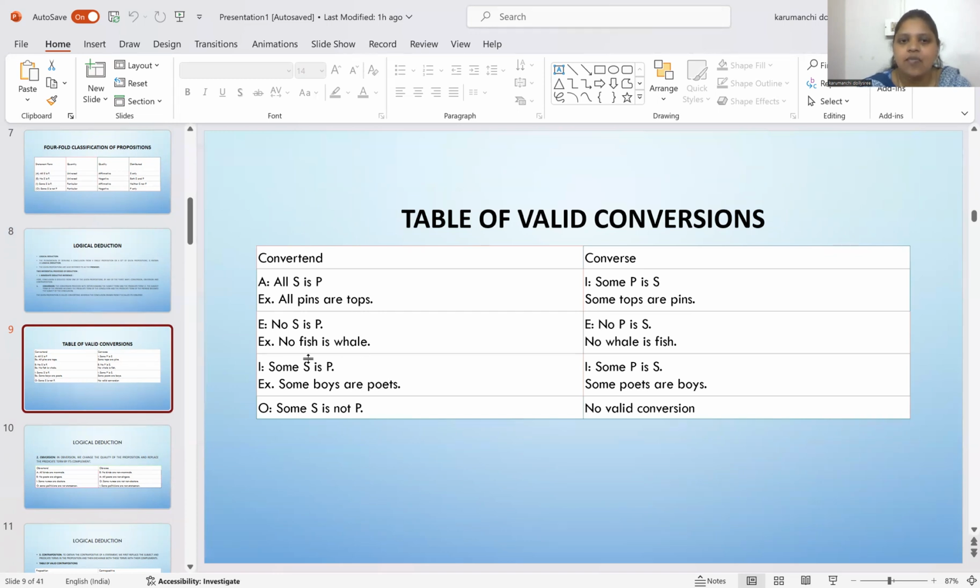The next example is no S is P, no P is S: no fish is whale, no whale is fish. The next example is some S is P, some P is S: some boys are poets, some poets are boys. And the last example is some S is not P, and this is not a valid conversion. We cannot do a conversion using this statement.